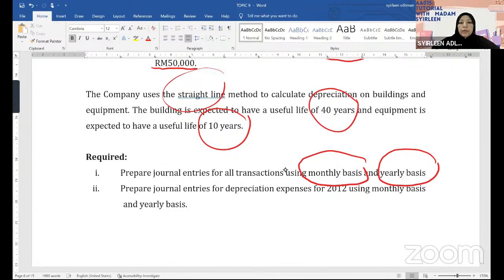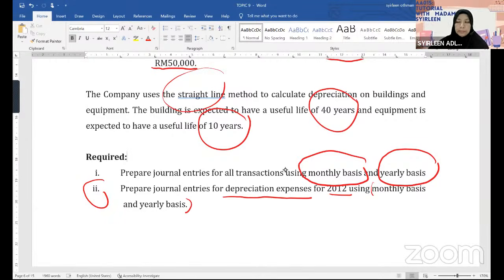Okay, so you akan catat untuk March 1st, April 1st and also June 1st. And then untuk nombor 2, kita akan buat adjusting entries for 2012 untuk all your assets that you have, okay, using both basis. Alright, okay, so now kita akan tengok monthly basis dulu.